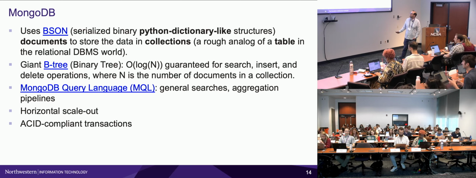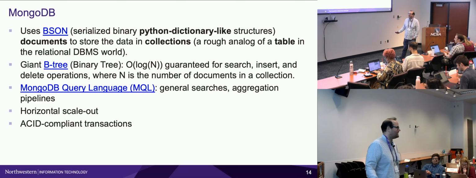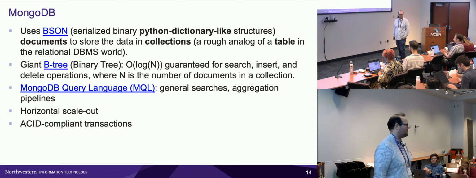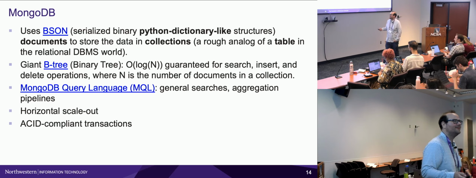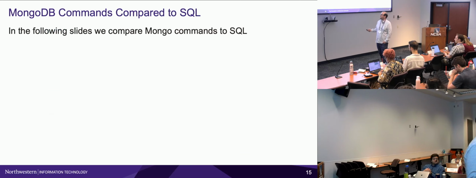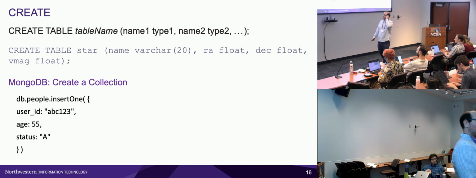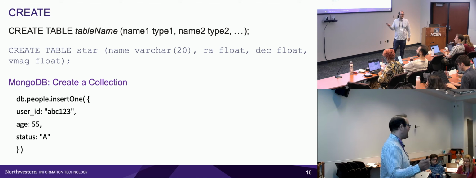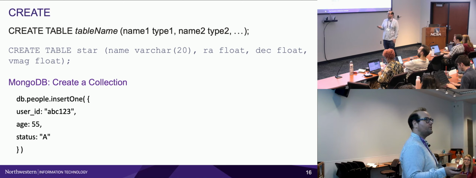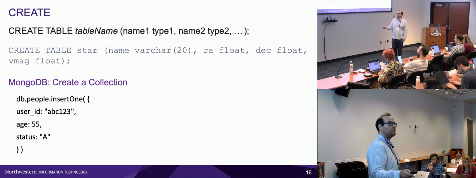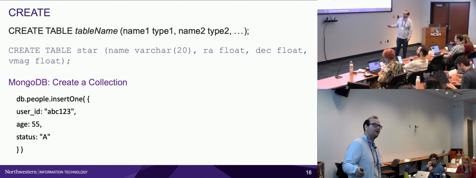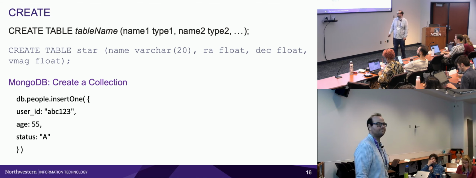And again, we have the Mongo query language, not to be confused with the structured query language of SQL. Okay? So let's do what's really just important here, which is let's compare the SQL query to the Mongo query, because most people are going to be familiar with the above, and most people will have never seen the query below.